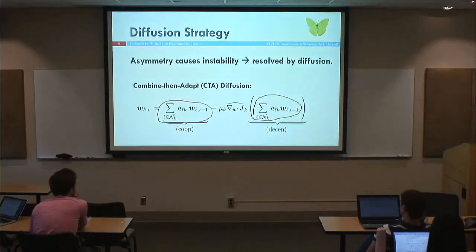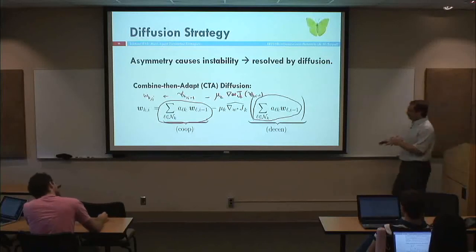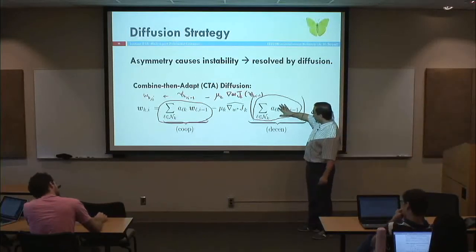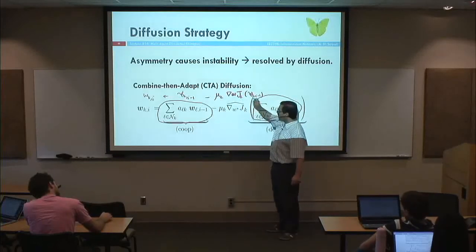Remember, I called this psi_{k,i-1}, and then the gradient of J is evaluated at the same quantity, w_{k,i}. So this form of the algorithm, this part helps with decentralization, and this part helps with cooperation. This form of the algorithm, I call it combine then adapt.